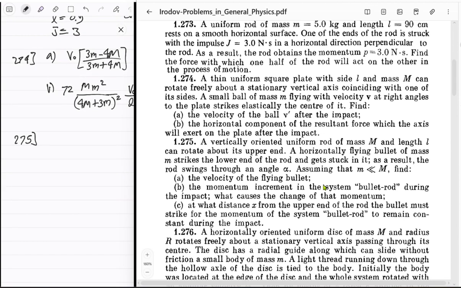It's like a decrement, I would say. During the impact, of course, the hinge force is what's causing the change. Okay, fine, no big deal. So during the impact, what causes the change of the momentum?